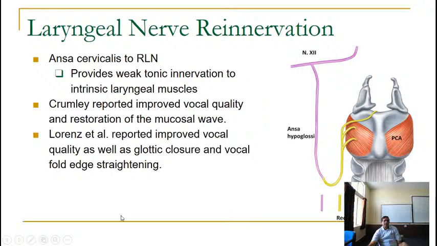They found that sometimes the glottic closure is good, and the vocal fold edge straightening also happens. So this is laryngeal nerve reinnervation, the ansa hypoglossi being stitched to the recurrent laryngeal nerve in cases of injury to the recurrent laryngeal nerve.